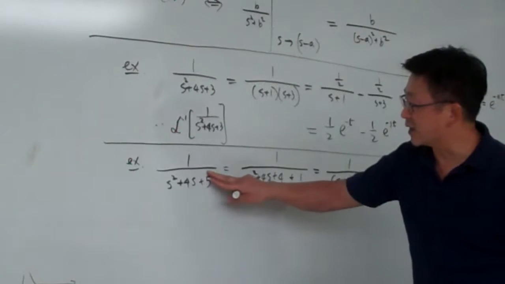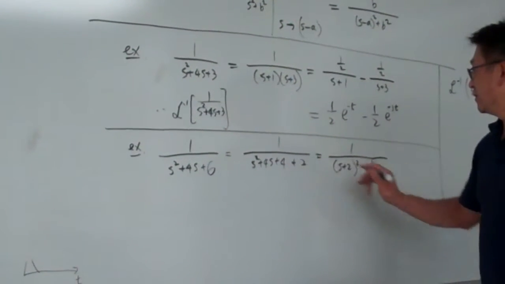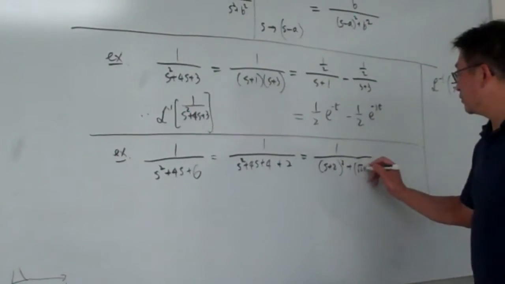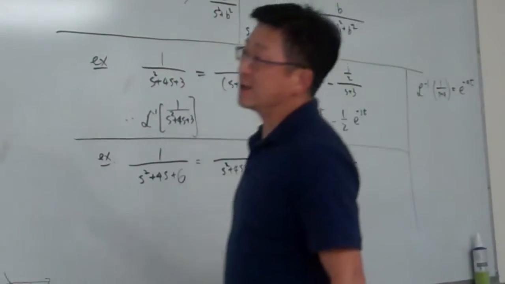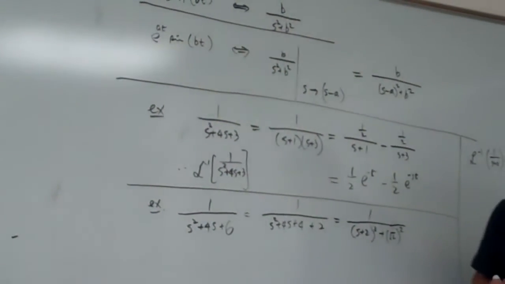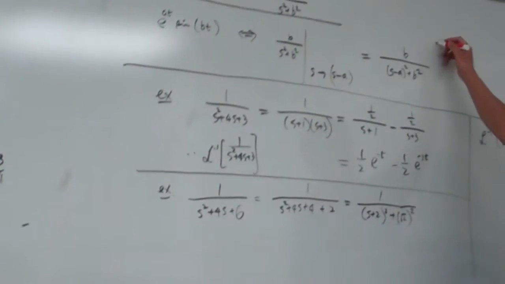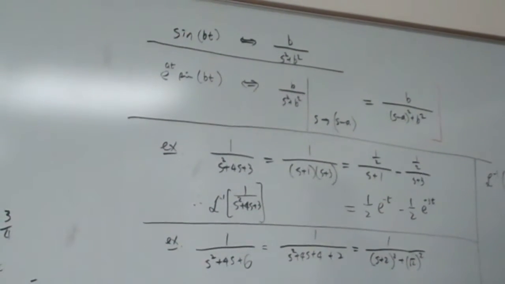How about I make an extreme example here. Let me say the numerator is 6. So the denominator should be equal to (s plus 2) squared plus square root of 2 squared. Look at this one. Right now it is fitting to something like this. You can see this term is very close to this one, very close, not identical yet.